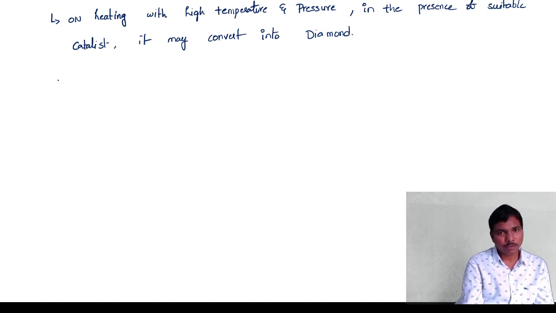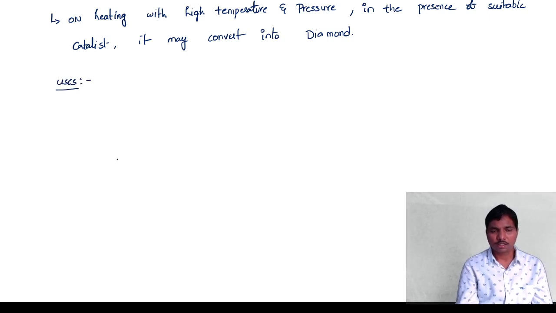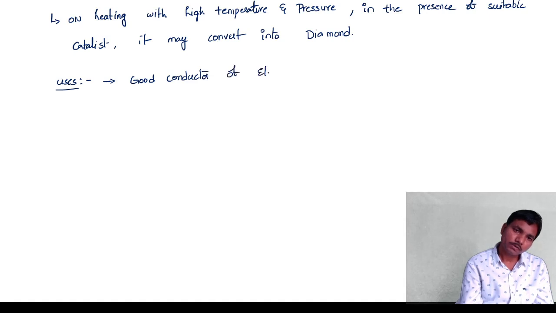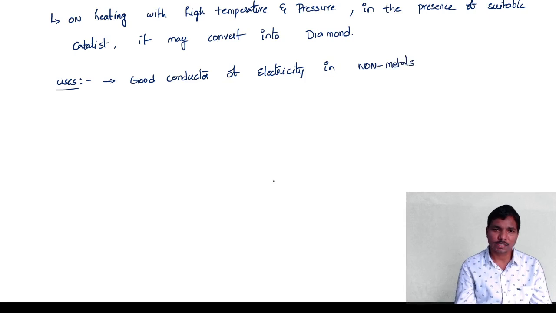Okay. And coming to the important uses or applications of graphite. It is a good conductor of electricity among non-metals. Carbon is a non-metal, so among the non-metals it is a very good conductor of electricity.